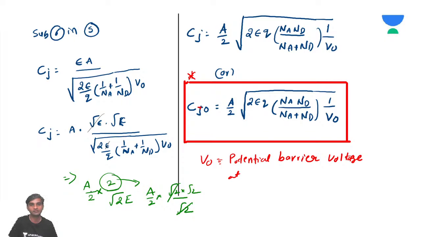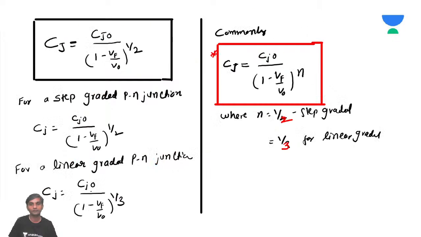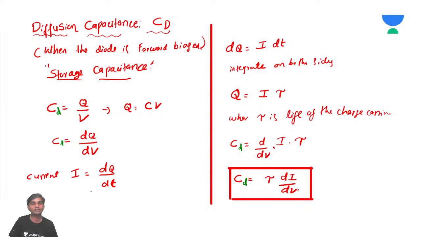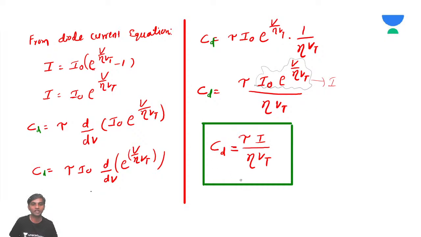Okay. So we have seen Cj is going to be Cj naught by 1 minus Vf by V naught power n, where n is equal to 1 by 2 for a step graded junction and 1 by 3 for a linear graded junction. Similarly, we have calculated CD. Diffusion capacitance is tau into dI by dV, and we have derived CD is equal to tau I by eta Vt.